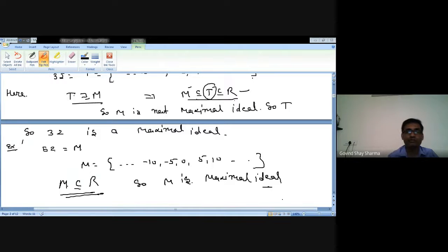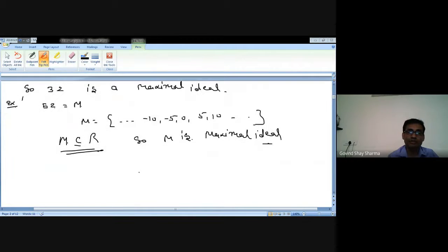By these examples, we see that 2Z, 3Z, 5Z are maximal ideals.